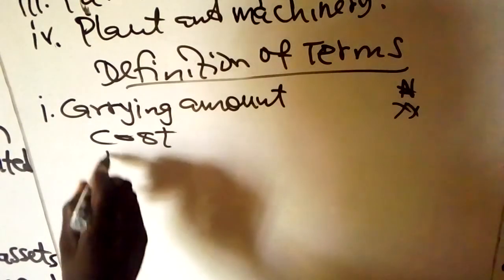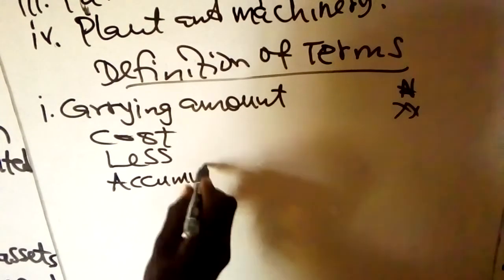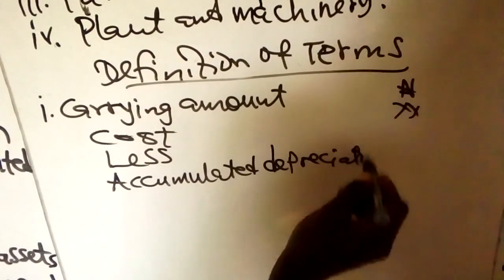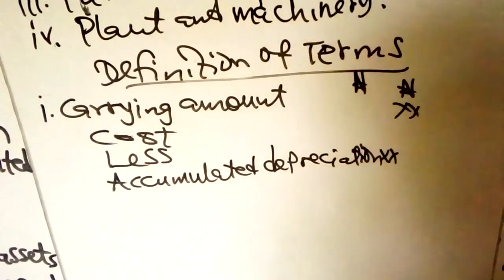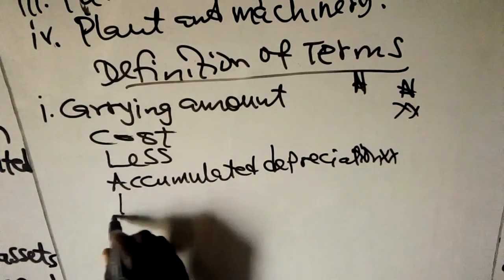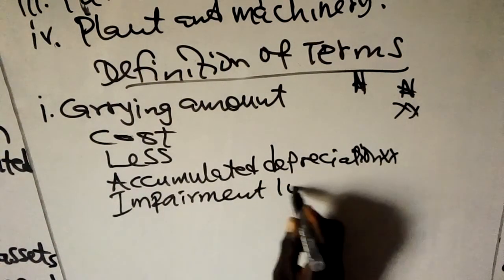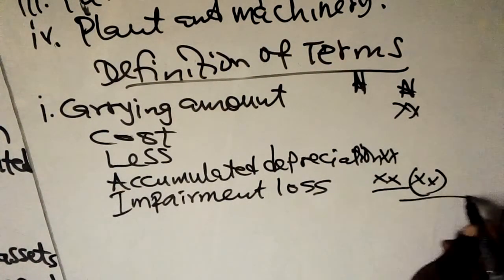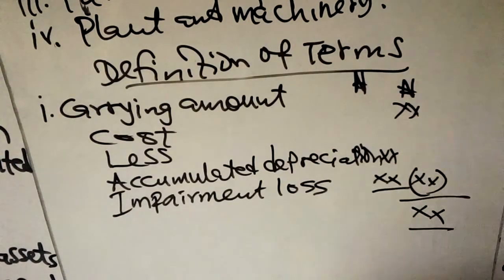Carrying amount, that is, you have the cost of the asset less accumulated depreciation and impairment loss. When you deduct the accumulated depreciation and impairment loss from the cost of the asset, then you arrive at its carrying amount.